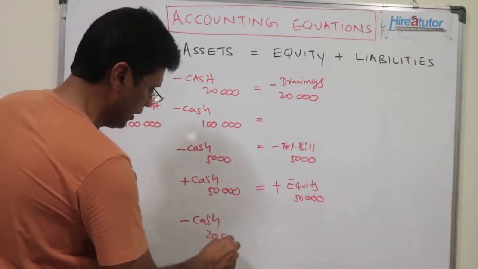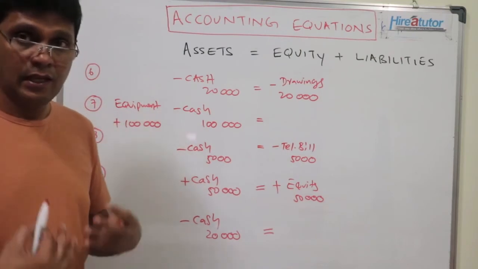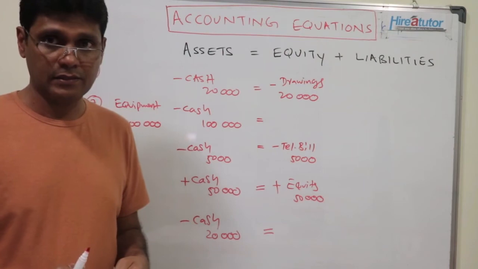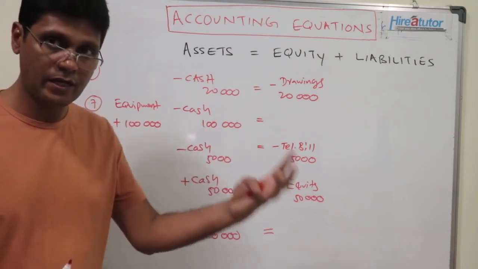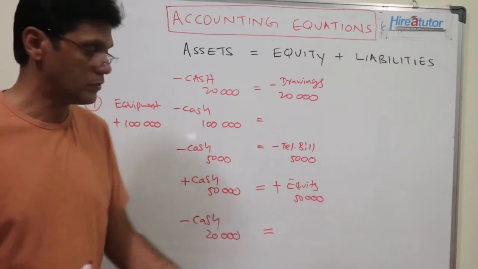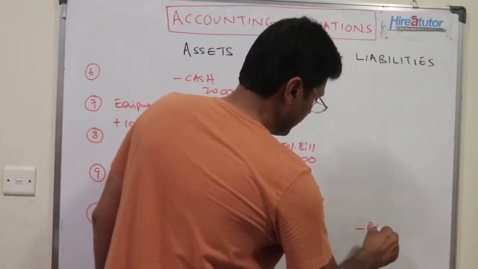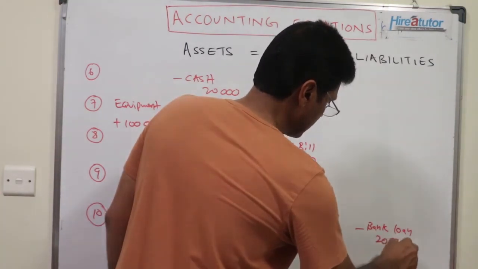You are settling, and the business liability towards the bank will also reduce, because initially you had a liability of 200,000. Now you have paid 20,000. So therefore the liability of the bank loan will reduce by 20,000.